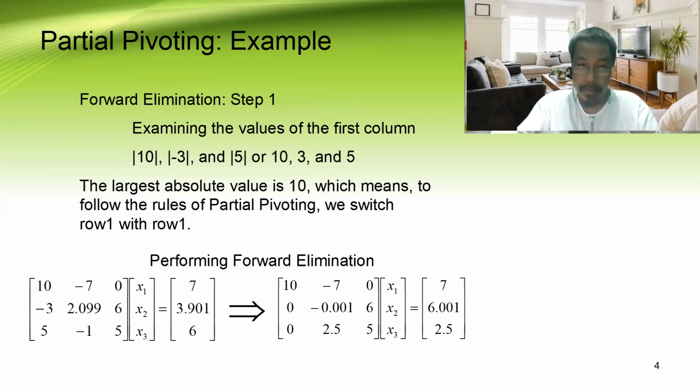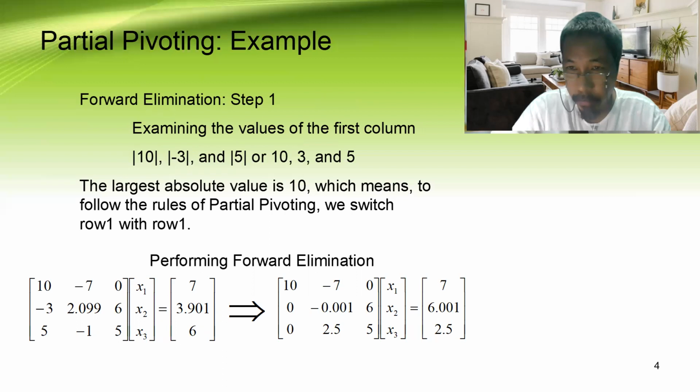So that is our process of partial pivoting. So switching that, then perform forward elimination. That is step 1, forward elimination, meaning we have to eliminate the first term of the second row and the third row.